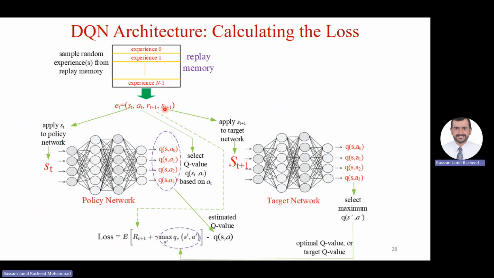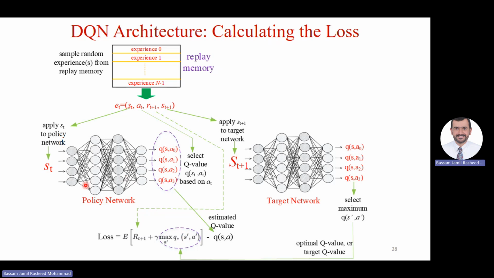I will take the next state and plug it in one more time here, and I will have a bunch of actions, and I take the maximum of them and plug it here. So in this policy network, I will use it twice, once for ST and once for ST plus 1, which is the next state.